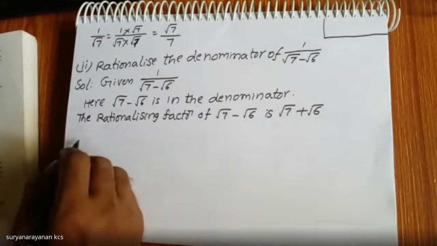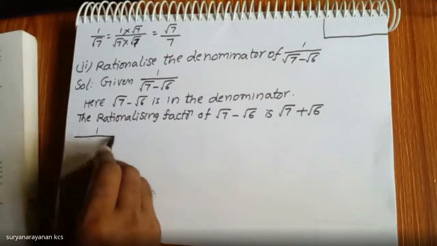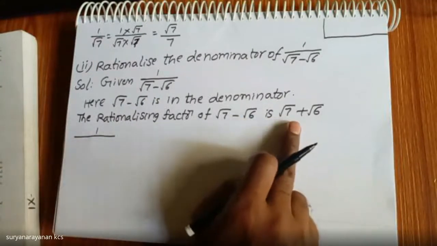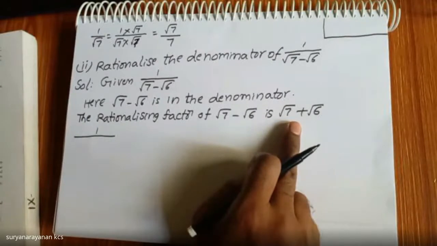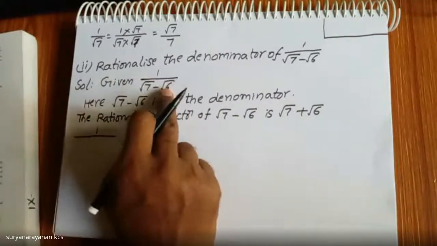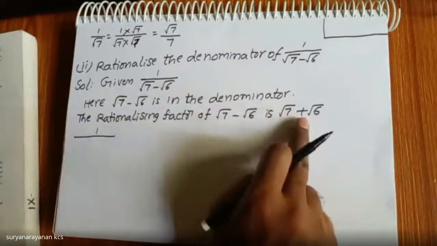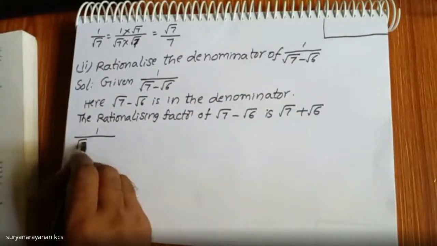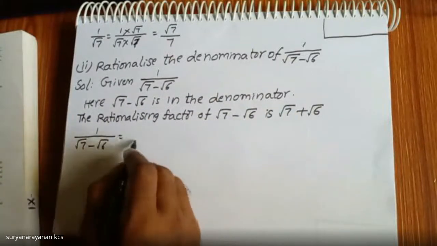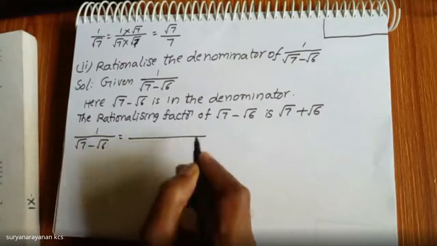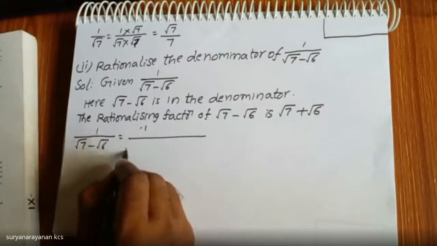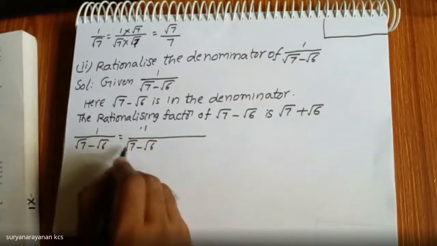Okay, my children. Now, we found the rationalizing factor, the number by which the numerator and denominator should be multiplied. We found this number, root 7 plus root 6. That is equal to, draw big line, 1 by root 7 minus root 6.